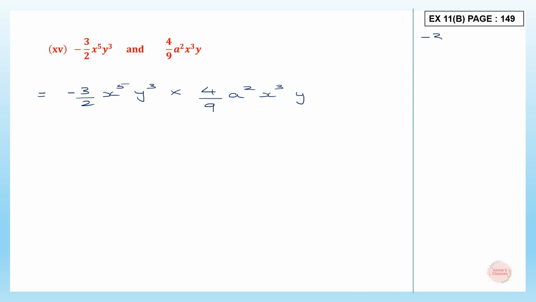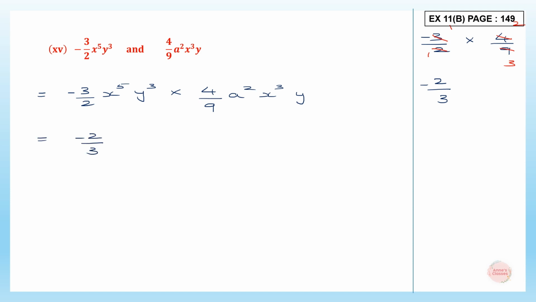That is minus 3 by 2 into 4 by 9. Now these are fraction multiplication. So you can cancel. I can cancel 2 and 4. 2 ones are 2, 2 twos are 4. I can cancel 3 and 9. 3 ones are 3, 3 threes are 9. So what do I have here? Remember the minus sign, don't forget. Minus 2 in the numerator, denominator 3. So the number is minus 2 by 3.